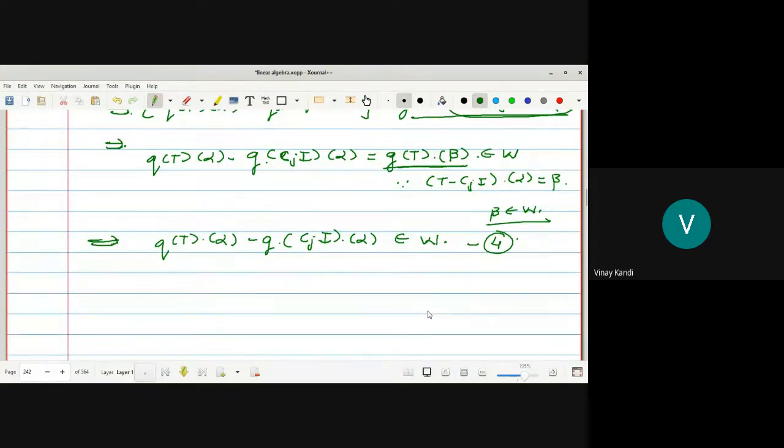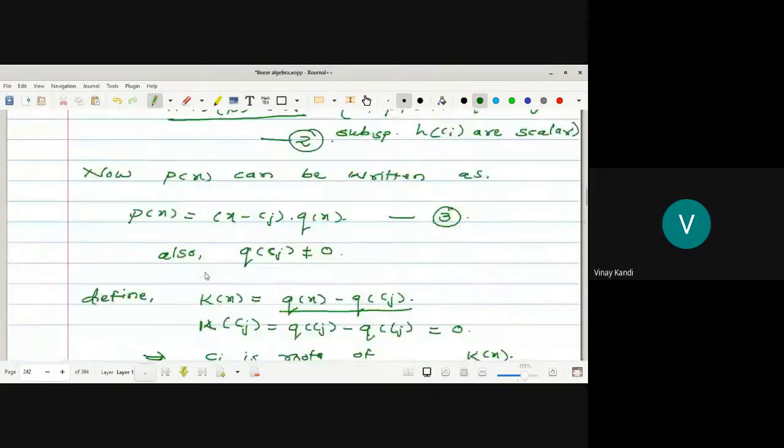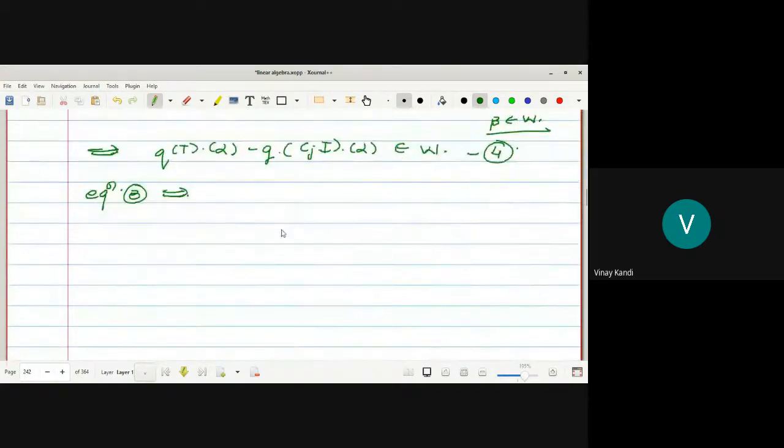Now from equation 3, what is p of t? P of t is equal to t minus cj of I into q of t. What is p of t?